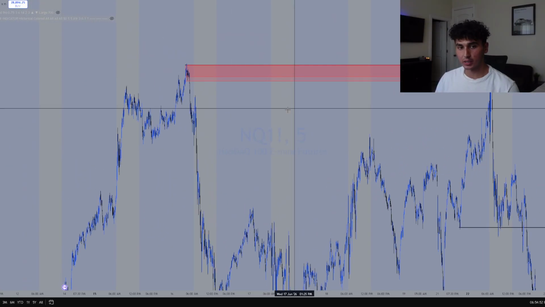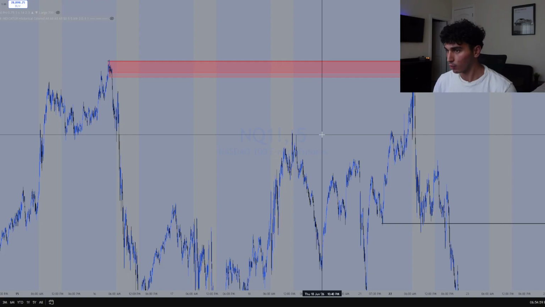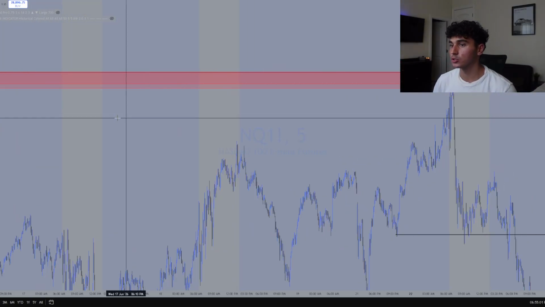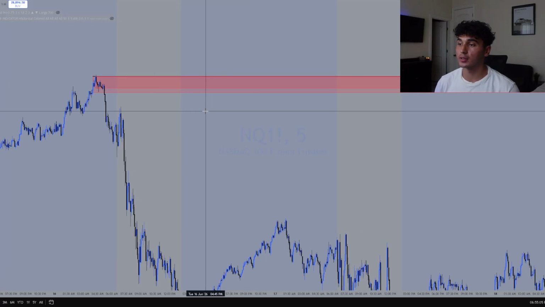Now, right here we have this supply zone, which is a 5, 15, and 30-minute supply zone. One of the biggest things is we want to look for some sort of key level to utilize as an entry point inside of our specific zone.